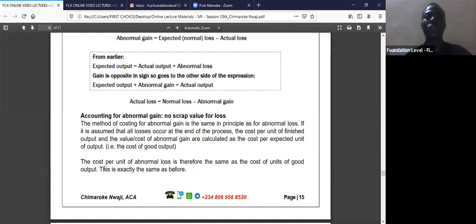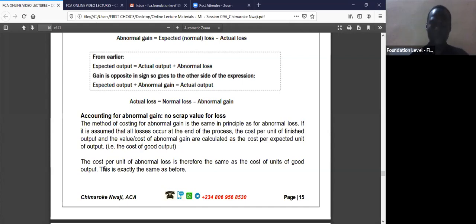If it is assumed that all losses occurred at the end of the process, the cost per unit of finished output and the value of abnormal gain are calculated as the cost per unit of expected units of output. So the value you assign to good output is what you can use to assign to abnormal gain.